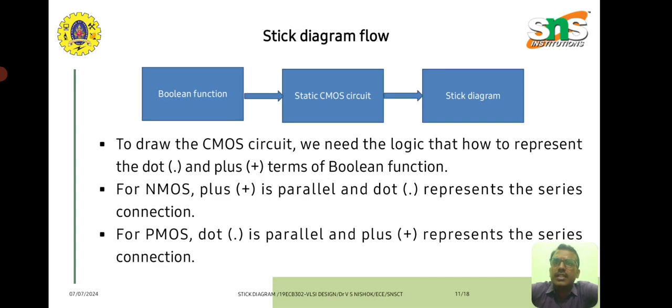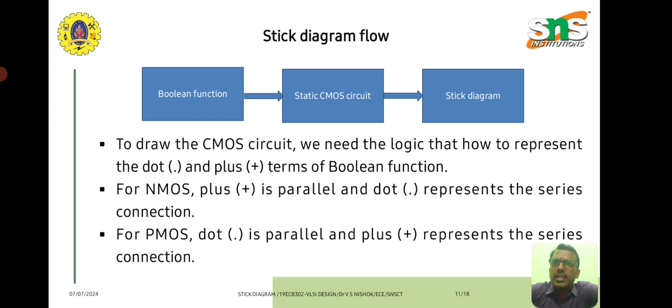Here we can see the slide showing the stick diagram flow. If you are going for any circuit design, we start with the Boolean function. For example, for a CMOS inverter circuit, the Boolean function is y equal to the inversion of the input.